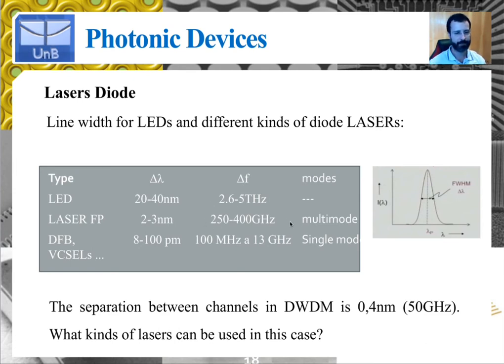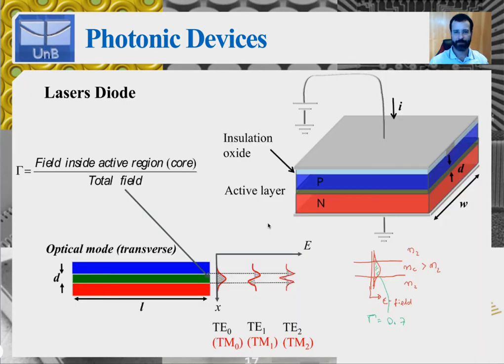But since the length of the cavity, so let's go back to the picture where we discussed the cavity. The cavity is going to be the chip itself, right? And the mirrors are going to be the facets of the chip. So the mode propagating inside the active region will arrive at the facet and part of it will be reflected, and this is the cavity, right?